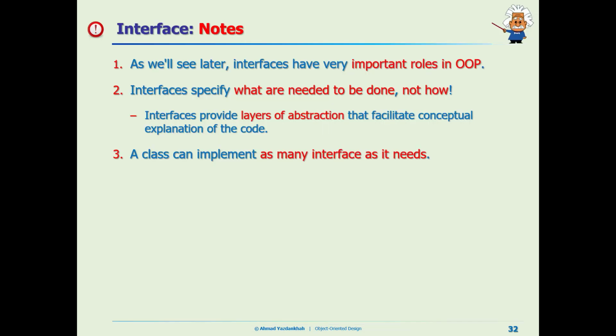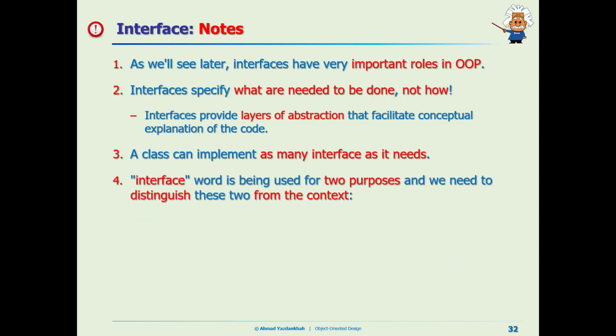All right. We have been using the keyword interface for two different purposes so far. They are somehow related to each other, but you need to be able to distinguish between these two from the context of this course.